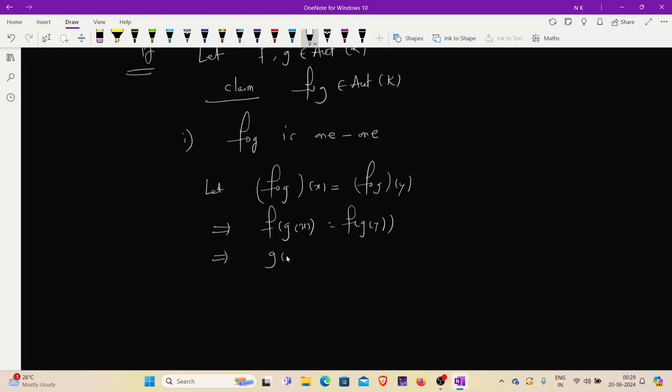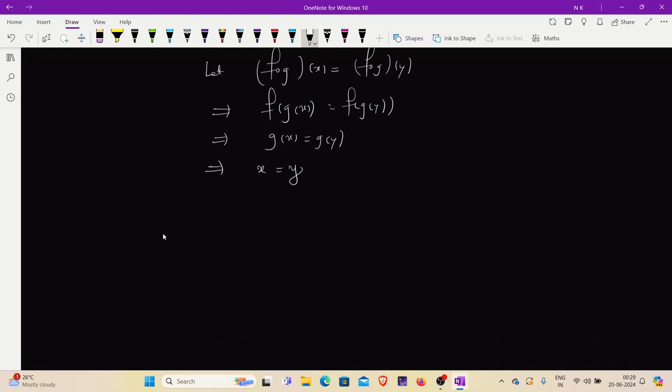So this implies g of x equals g of y, and as g is an automorphism, this implies x equals y. So this clearly means that f composite g is a one-one map. Further, I can check that f composite g is onto as well. So for that, let me take some element from K. Let beta belong to K be an element.